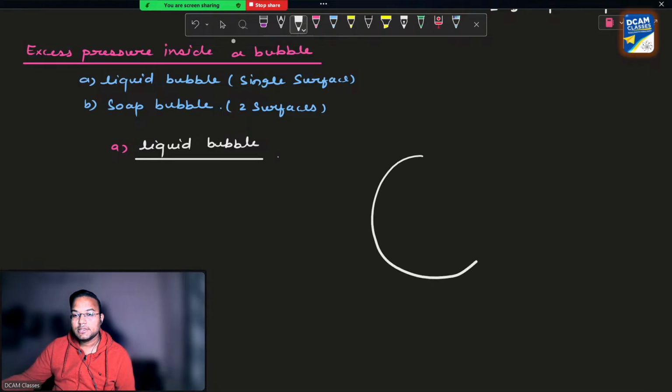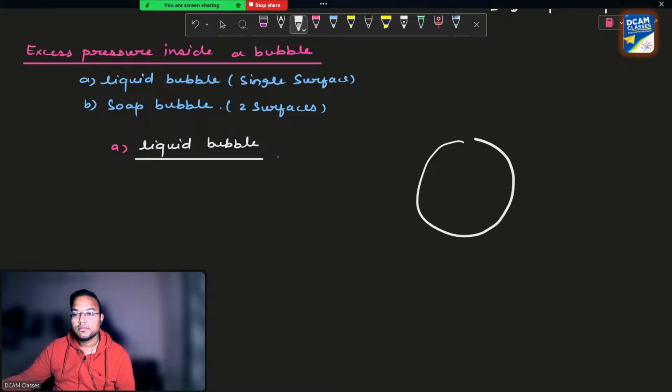What's the case? This is a liquid bubble. Now we need to find out something.